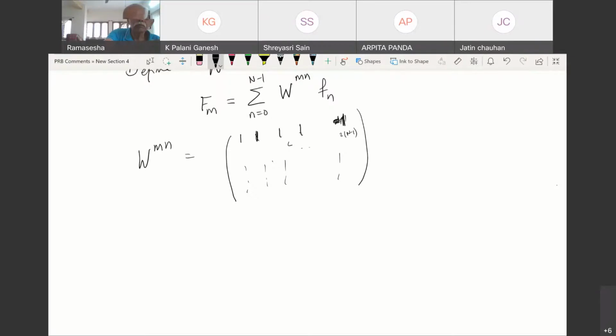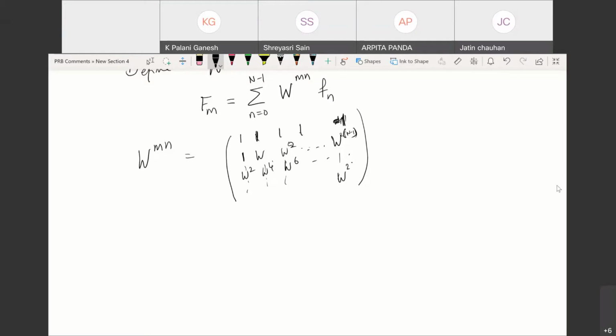Then the next row will be W to the power n minus 1, and the next one will be when m is equal to 2, and so on. Okay, so this is the matrix W.